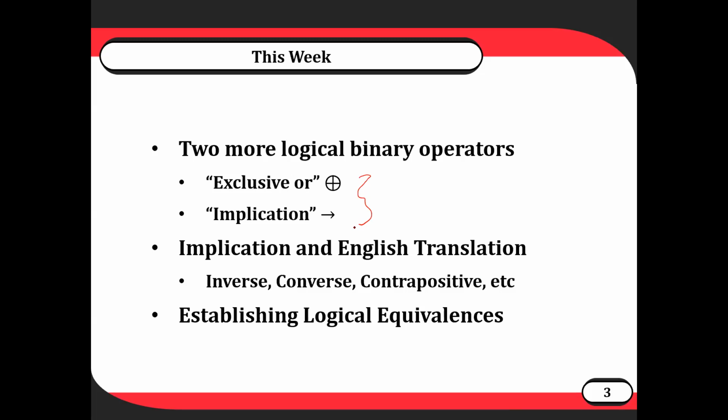But in terms of translating between English and logic, we're going to explain the connection between English and the logical math expressions as it applies to implication. And we're going to look at the inverse, converse, contrapositive, biconditional, et cetera, and then at how we establish logical equivalences. In general, that's with the truth table, but you can also transform one logical expression into another.